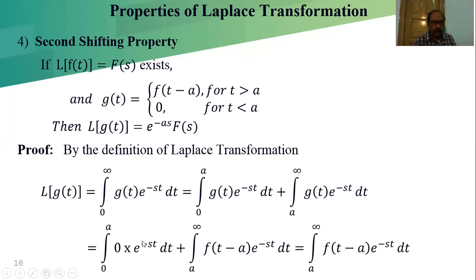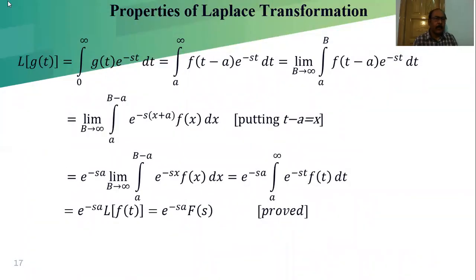So 0 times e to the power minus st dt plus the integral from a to infinity of f(t minus a) e to the power minus st dt. So finally we get the integral from a to infinity of f(t minus a) e to the power minus st dt. Now the Laplace transformation of g(t) equals integral 0 to infinity g(t) e to the power minus st dt, equal to integral a to infinity f(t minus a) e to the power minus st dt.